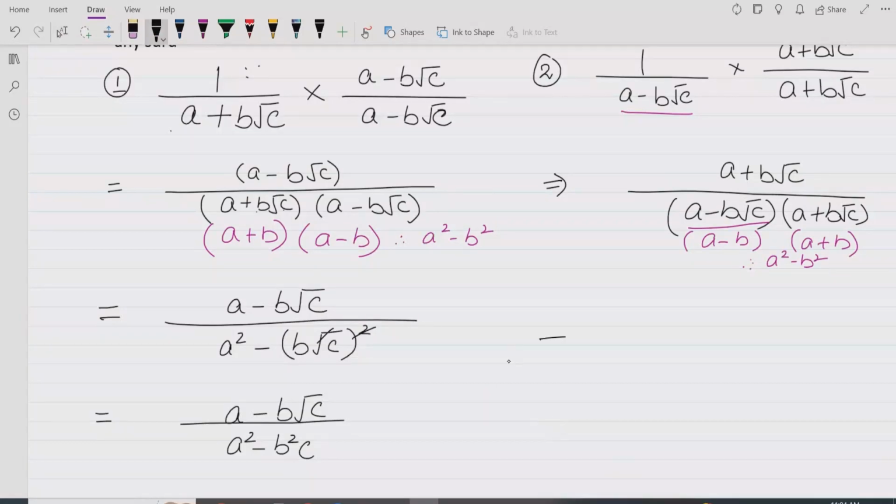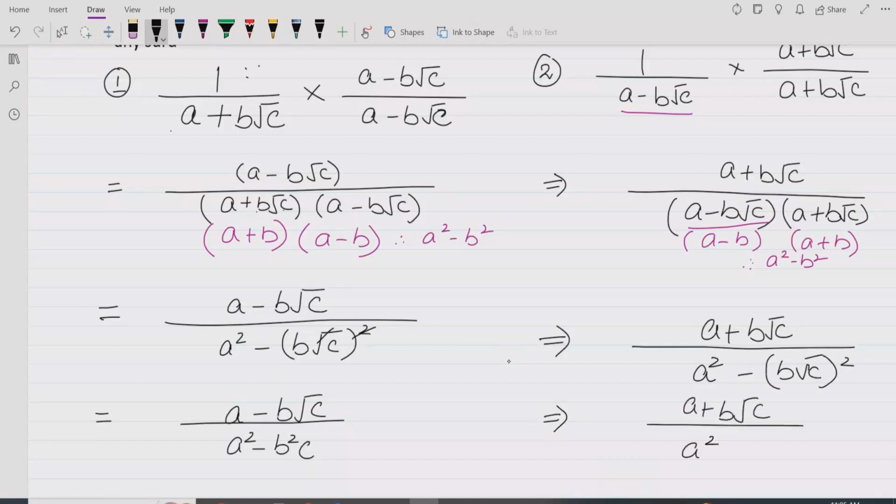For this question we have a similar one: a plus b root c over a square minus b root c whole square. Similarly, the answer is a square minus b square times c, as the radical sign cancels with the square. So this is the answer.